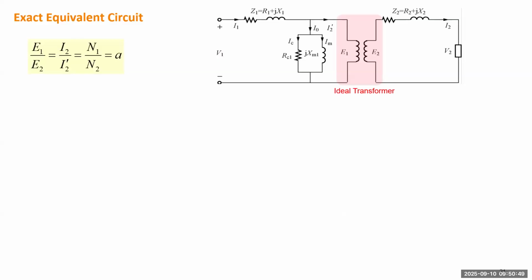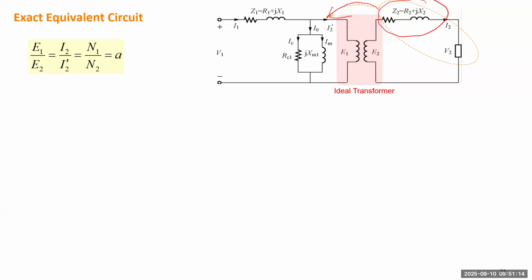Okay, so our goal is to have a single equivalent circuit, and we want to get rid of this ideal transformer so we can utilize this circuit in the power system model. So one thing we can do is move this series branch in the secondary side to the primary side.